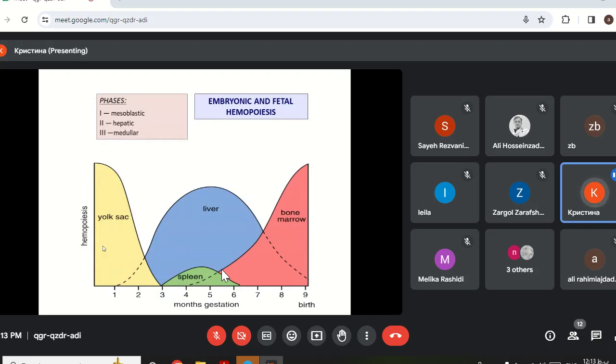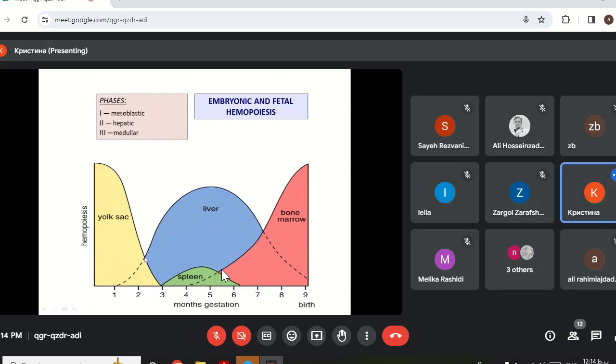It has 3 phases. First, mesoblastic. It happens up to 3 months of embryonic development in the wall of the yolk sac, outside the embryo itself, in the temporary extra-embryonic organ, the yolk sac.